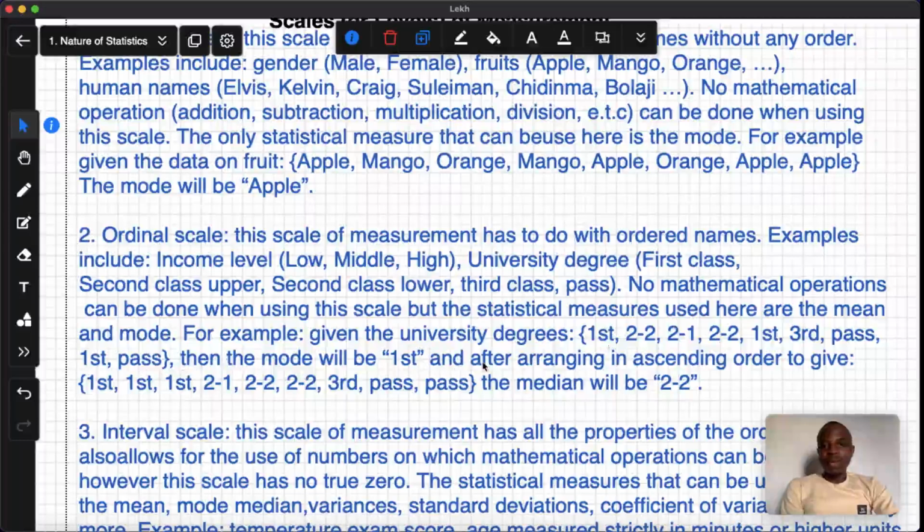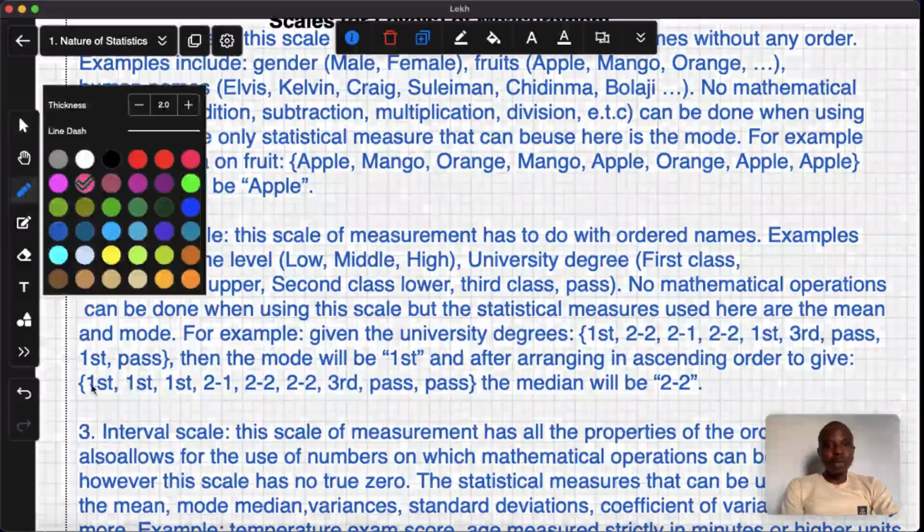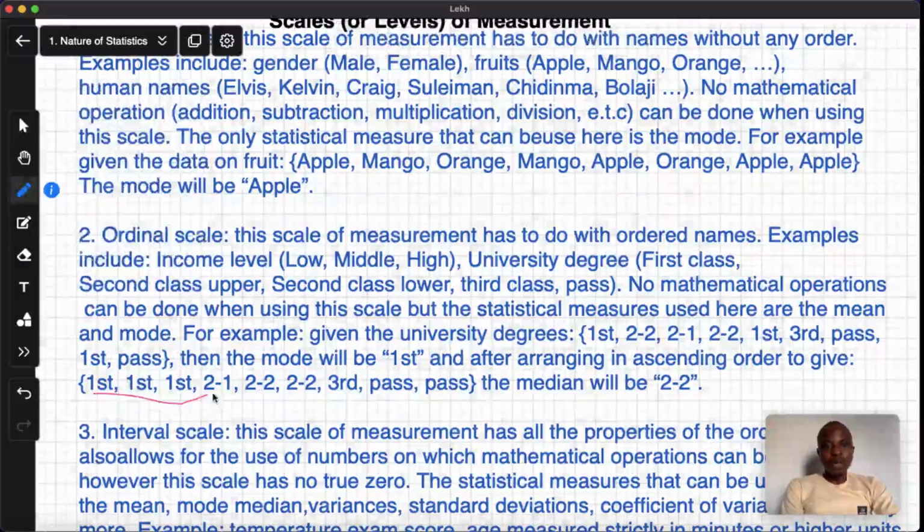All right, and after rearranging in ascending order, you're going to have 2 to be in the middle. So looking at this now, 1, 2, 3, 4, the first 4, and then the second 4, 1, 2, 3, 4, and 2 is in the middle. So you're going to have 2, all right, as the median.